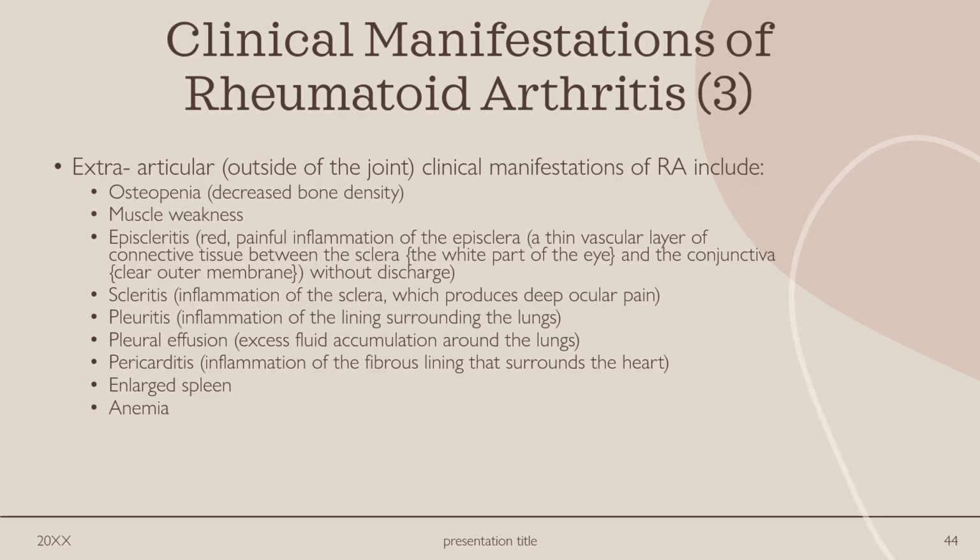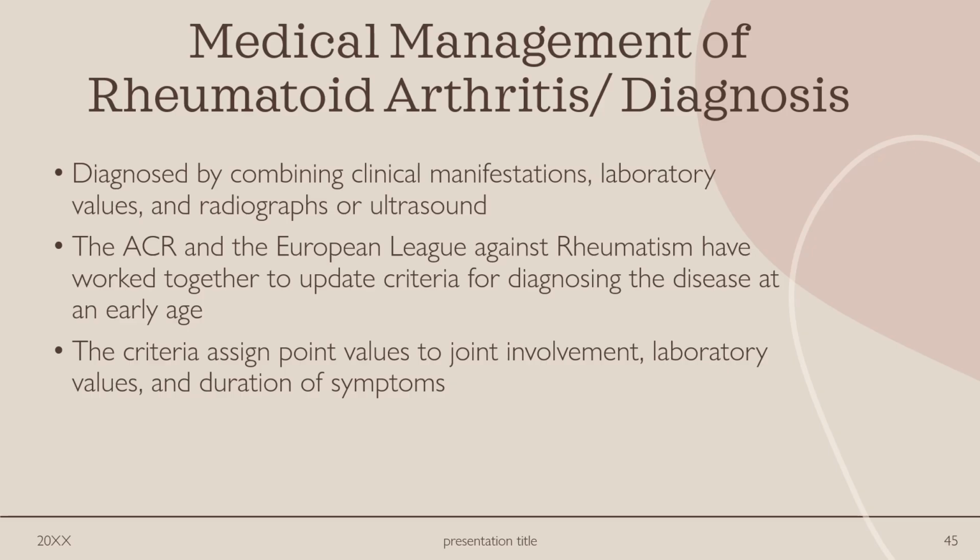So you can see here that these clinical manifestations are much more serious, much more complex than with osteoarthritis. So medical management of rheumatoid arthritis, how is this diagnosed? So this is diagnosed by combining clinical manifestations, what the doctor will see, laboratory values. So now there are going to be lab values that are attached to rheumatoid arthritis that are not attached to osteoarthritis.